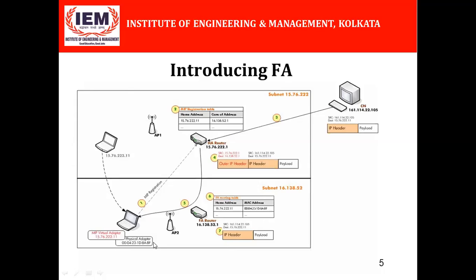So what happened? When it gets this information, there is another mapping table at the foreign agent. That is the home address of this mobile device and the MAC address of the current state or status of this mobile device.